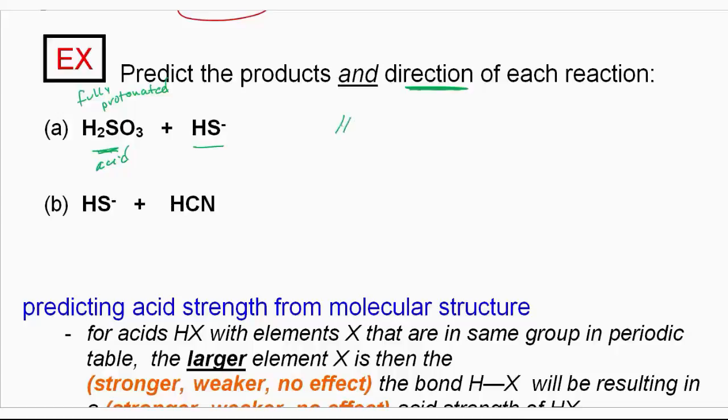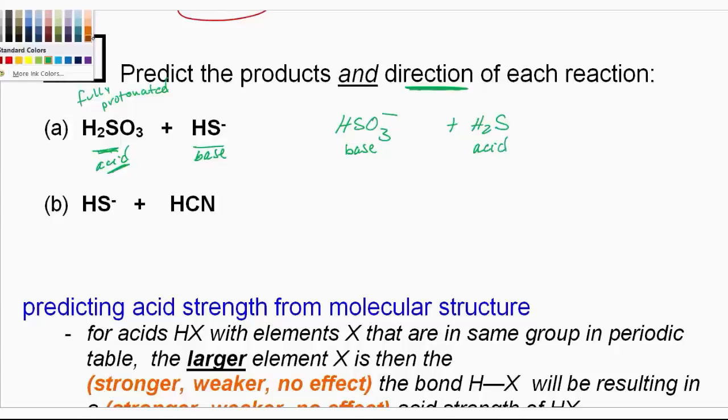That means it's going to form its conjugate base, HSO3 minus. So if this is acting like an acid, this has to be acting like a base. So we have to write its conjugate acid over here, H2S. Okay, so H2SO3 is acting like an acid. There's its conjugate base. Hydrogen sulfide is acting like a base, and there's its conjugate acid.